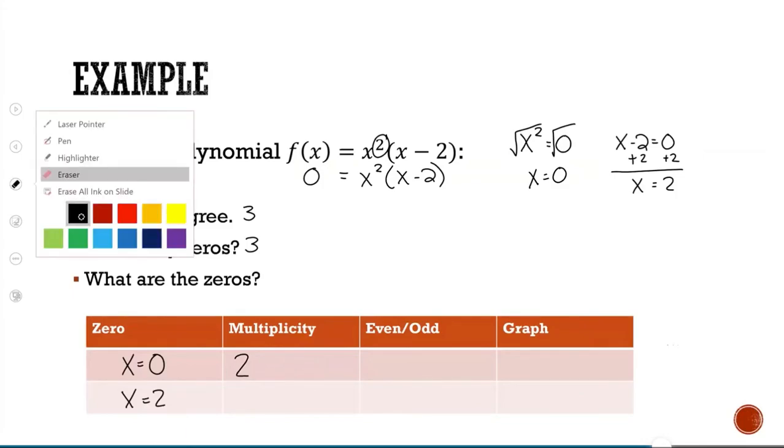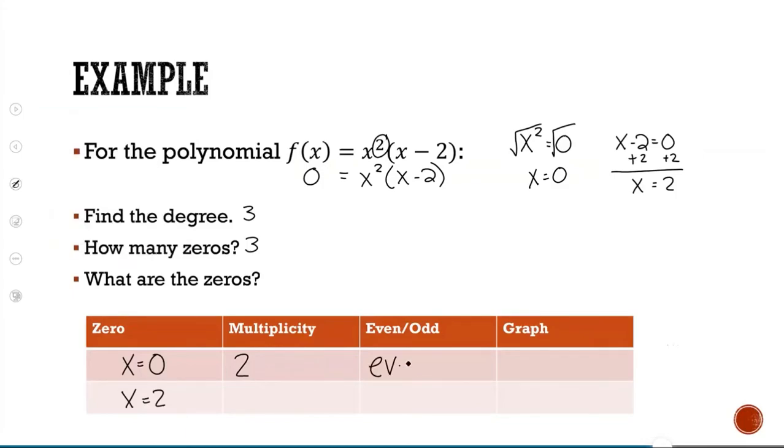Right, which means what's going to happen on the graph? It's going to touch.